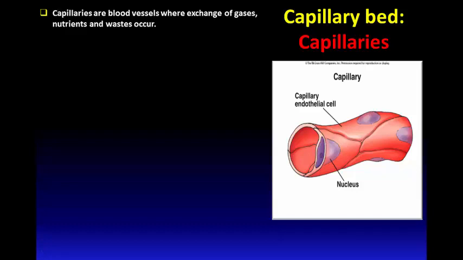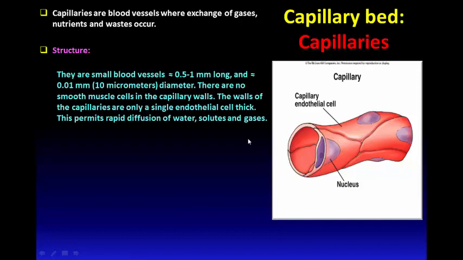The capillaries are blood vessels. They are small blood vessels where the exchange of respiratory gases, nutrients, and metabolic byproducts take place. Structurally, they are small blood vessels with about 0.5 to 1 millimeter length and approximately 0.01 millimeter, or in other words 10 micrometers diameter.